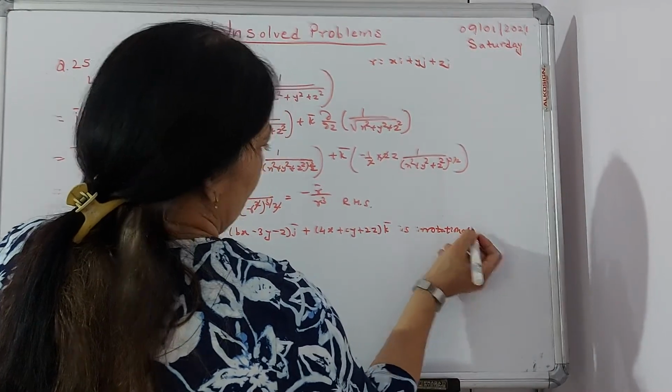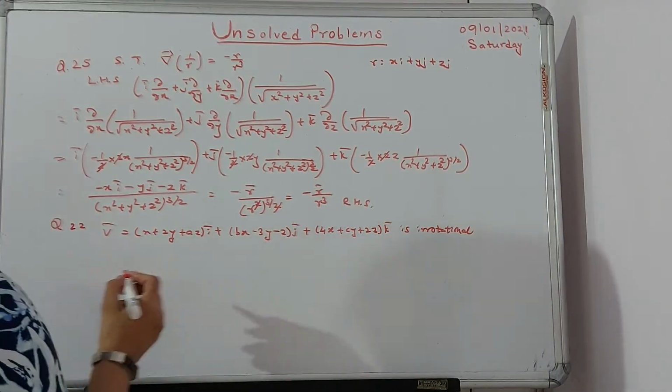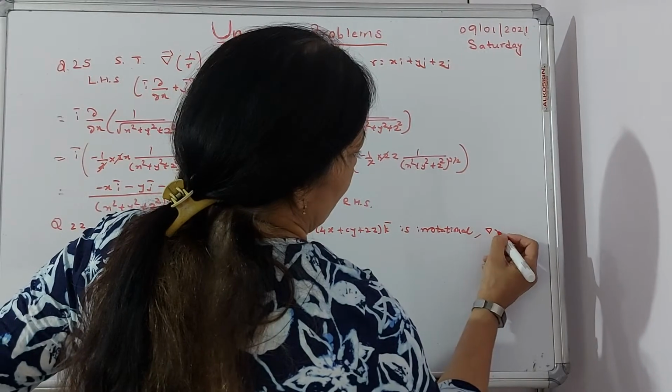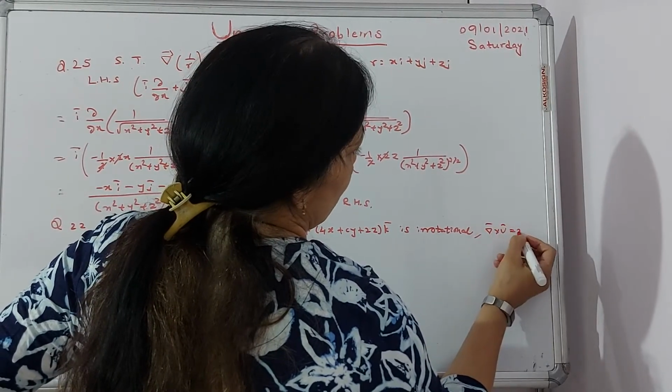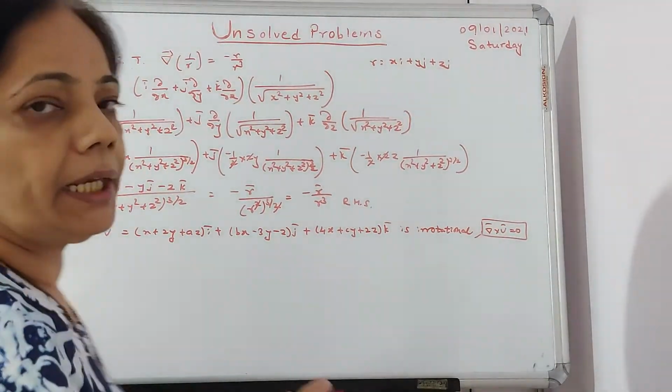Here we have to prove del cross v is equal to 0. Then we will be able to get these values of a, b, c.